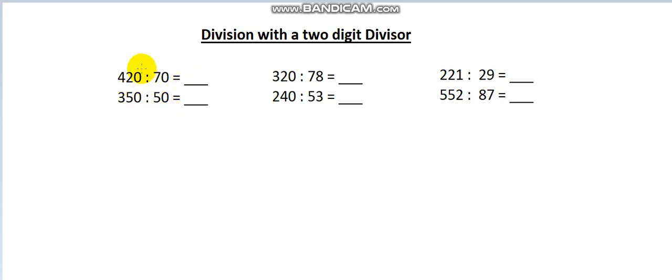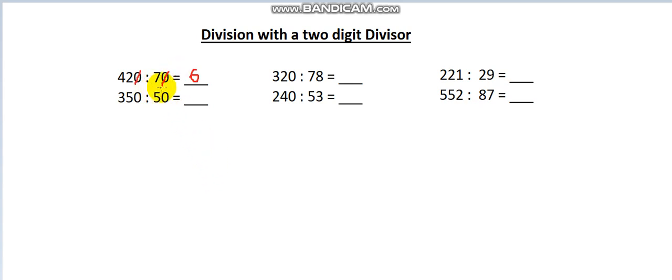50. Now, as we know from last year, if we have a division like this, I can cross out the zeros and be left with a division 42 divided by 7, which makes 6. Very simply, right? Makes 6. Very good.